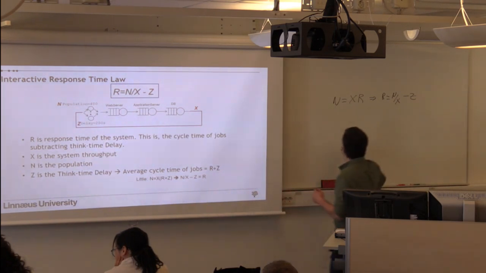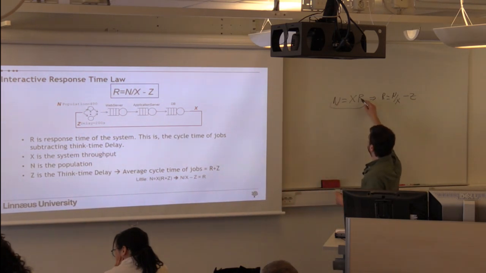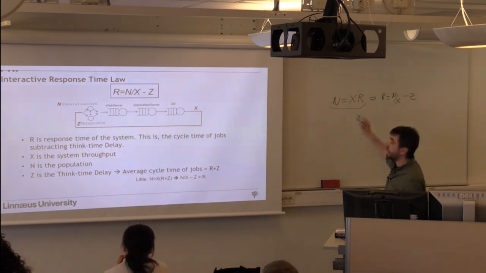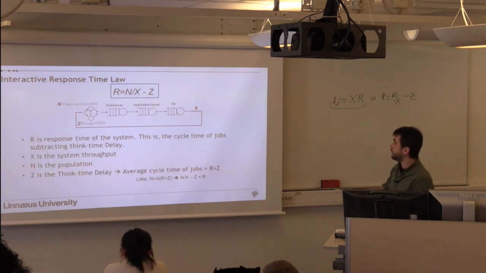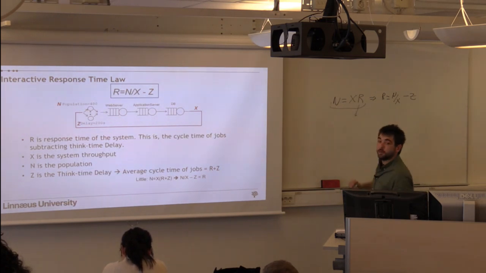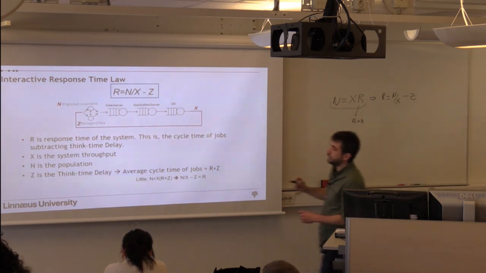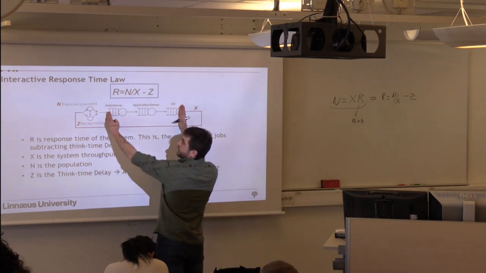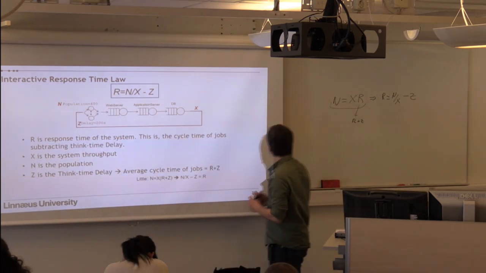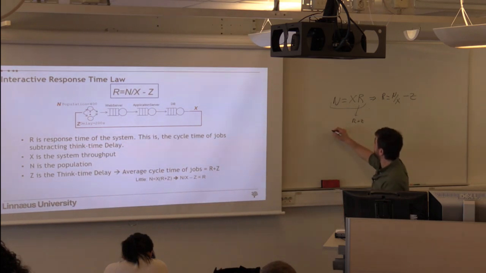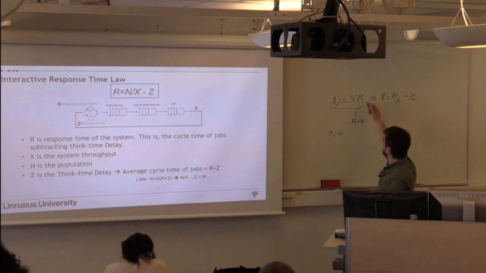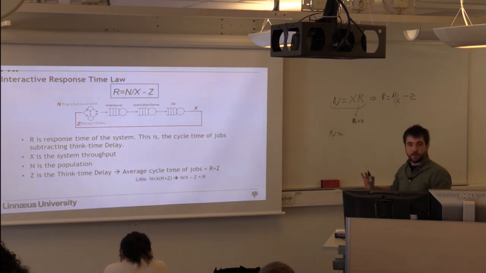Another way of seeing this is like what we called before the R, the residence time in Little's law. Now we are going to separate this. So it will be R plus Z. The R in which we are interested is this one, and we also have the Z. So we will have the N. So this R and this R are different concepts.